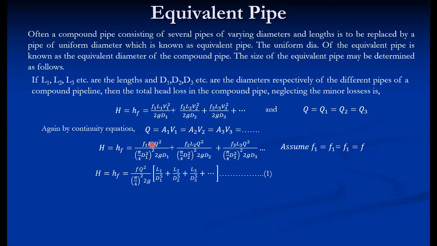So the remaining is L1 divided by D1 raised to 5, plus L2 divided by D2 raised to 5, plus L3 divided by D3 raised to 5, plus so on. We call this equation number 1. This is the expression of hf for the compound pipeline.